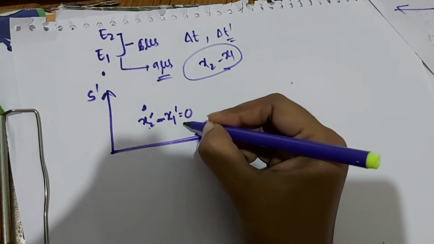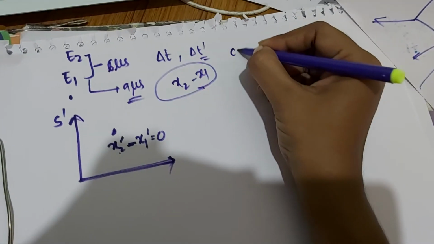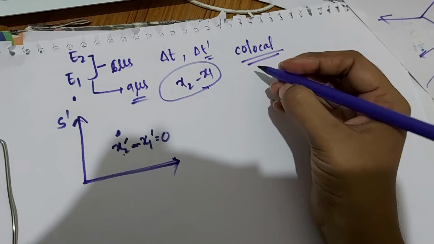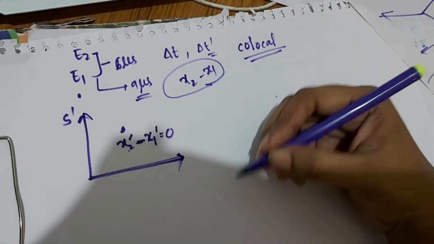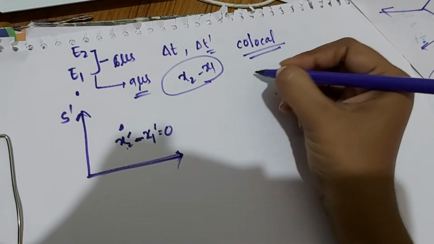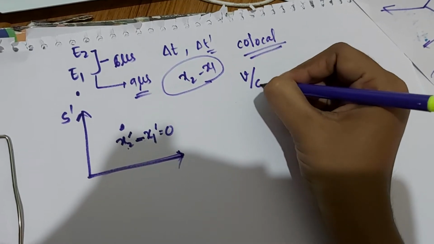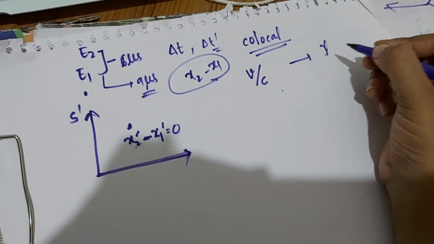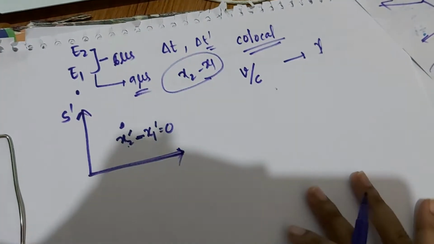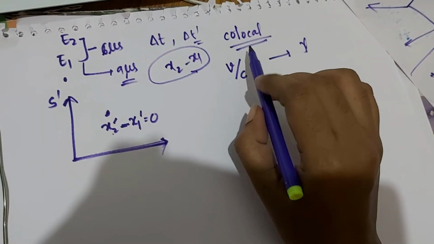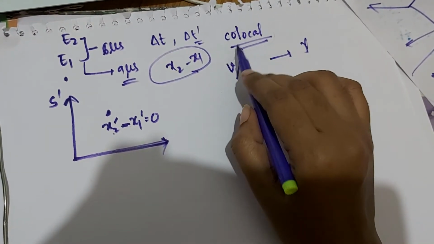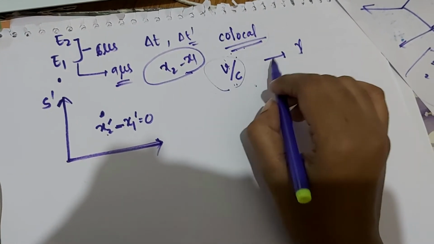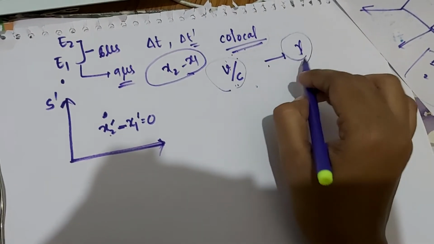The main thing is, this is the case of co-local. In order to solve this type of question, for co-local and simultaneous, you have to find v by c, that means we have to find the gamma term. Whenever there is a question of this type, whether co-local or simultaneous, the first thing you have to do is find v by c or the gamma term.